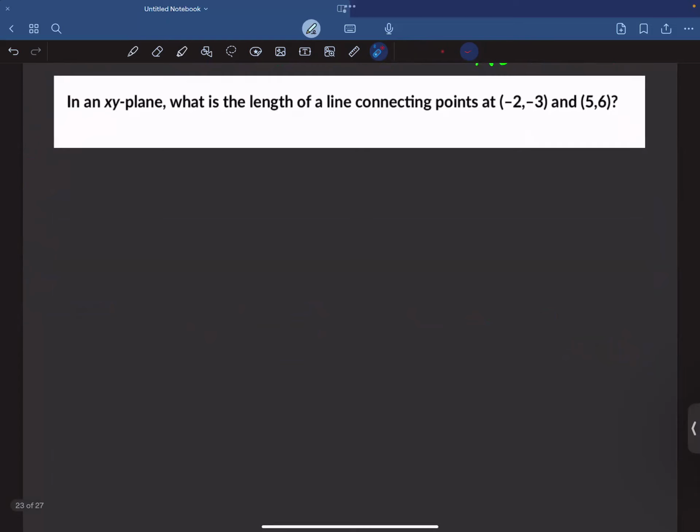The next one: what is the length of a line connecting points at (-2, -3) and (5, 6)? Well, again, we're dealing with the length of a line, so we know we need the distance formula. Okay, so let's write our distance formula out.